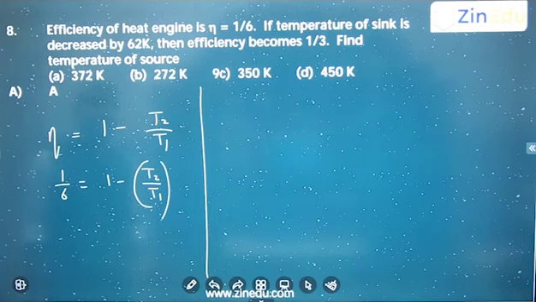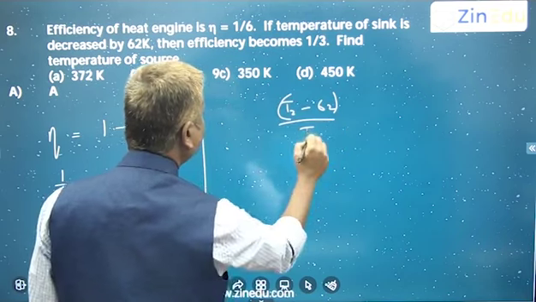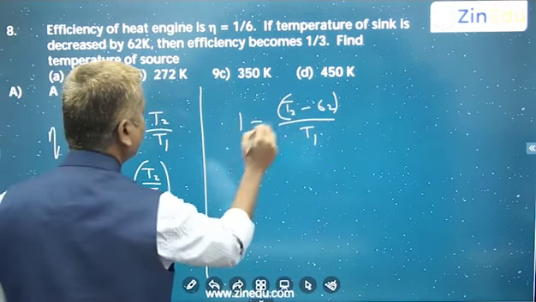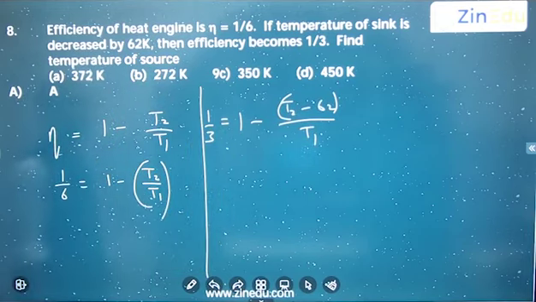Now when the temperature of the sink is decreased by 62 Kelvin, this T2 becomes T2 minus 62, but the source temperature remains the same, and that time efficiency becomes 1 by 3.